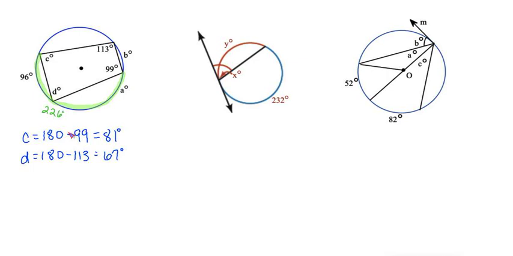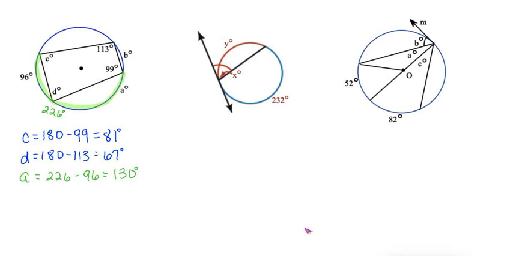It's going to be twice the 113, because this is the arc that 113 intercepts. Now, if I'm looking for just A, all I have to do is subtract. If the whole green arc is 226 and part of it is 96, A is the remaining part, which is going to be 130 degrees.